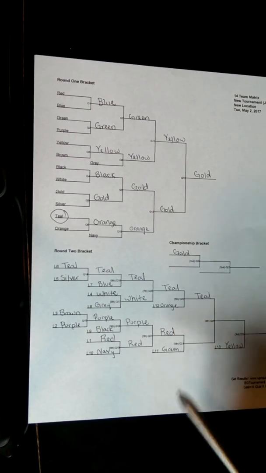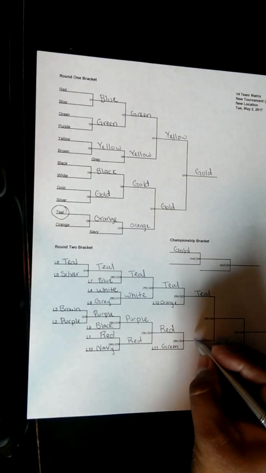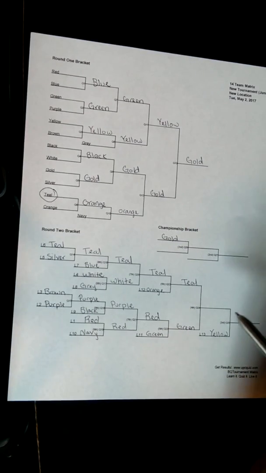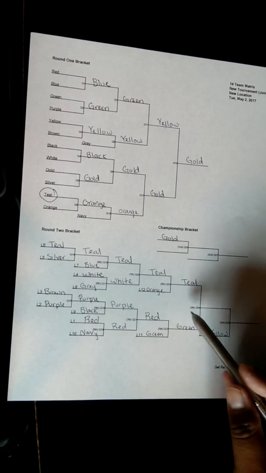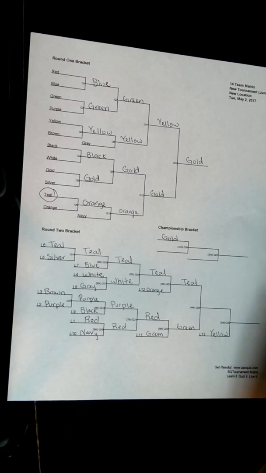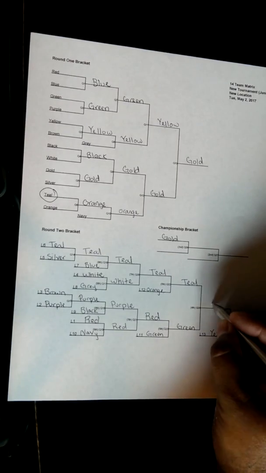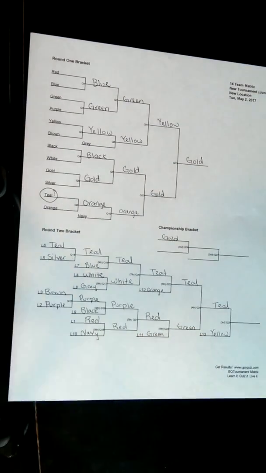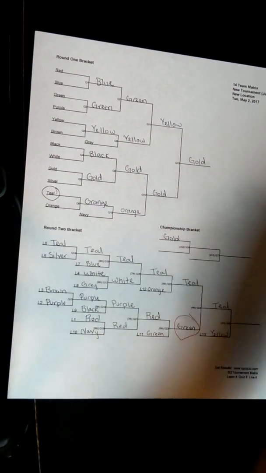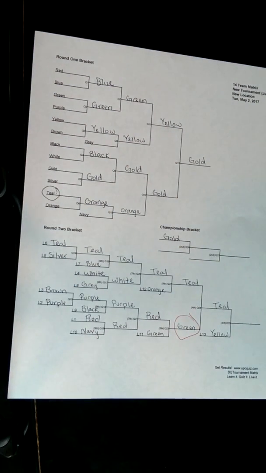Now we have between Red and Green, and we'll say that Green happens to get their position back, and now you have between Teal and Green. These teams are now in 4th place. And so going from there, we'll say that Teal happens to make it. And so now we know that Green is now in 4th place.